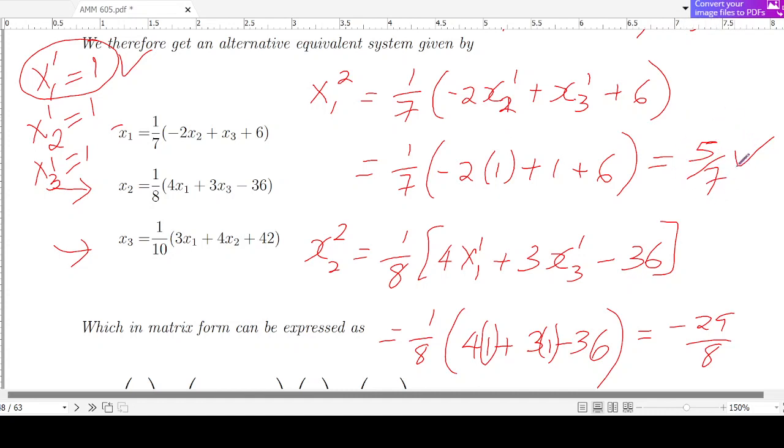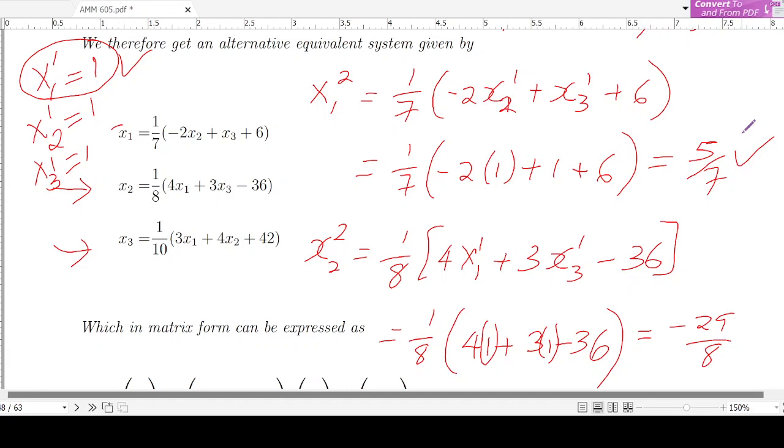So the question is, if we already have a value which is a better approximation to the solution than the one we have previously, why are we using the older value here instead of the better approximation?